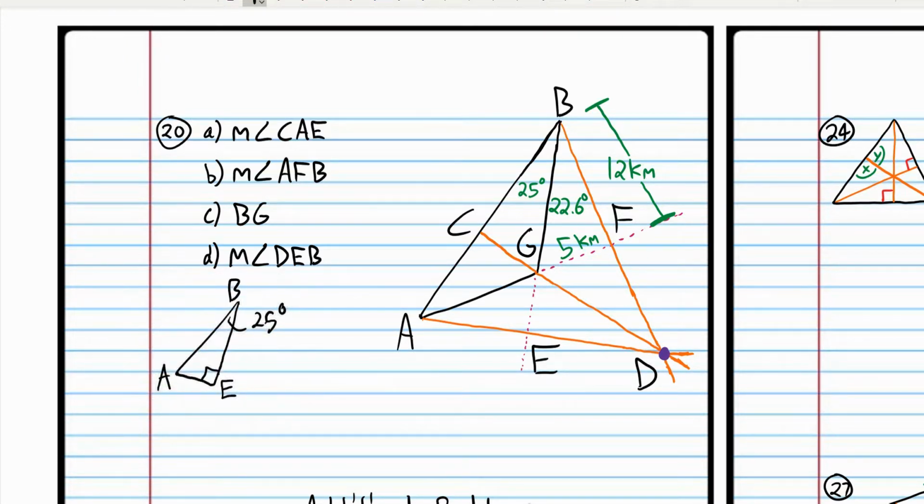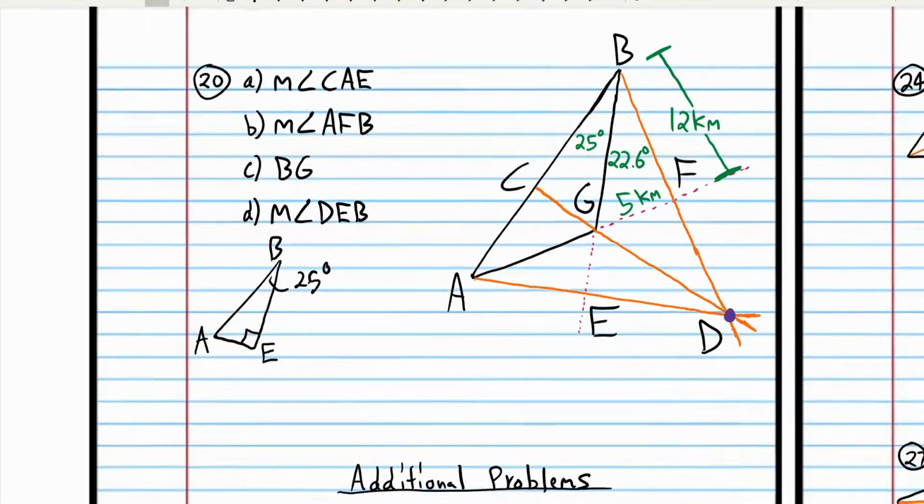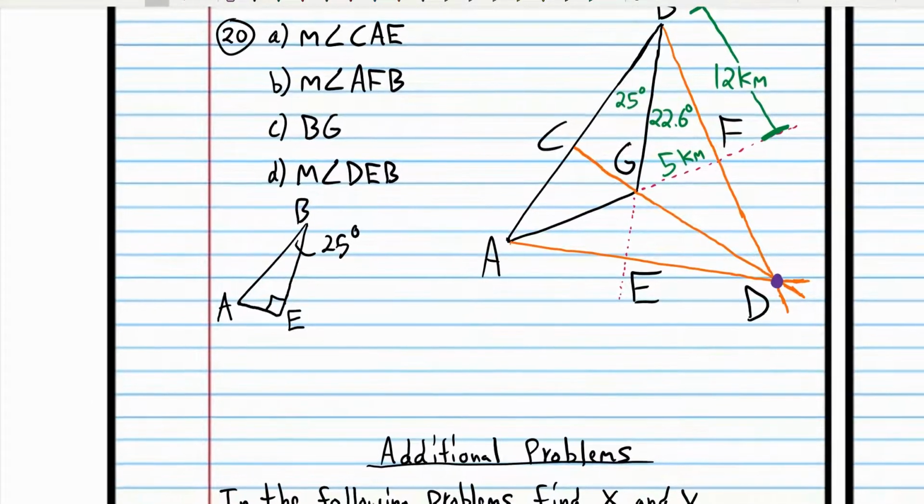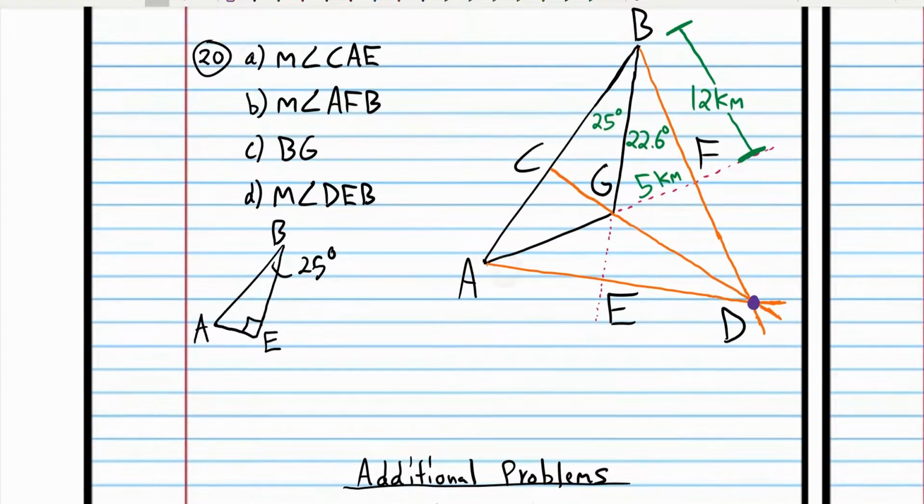That's B. So we can use the angle sum theorem, and we're kind of running out of time here, so I'm not going to write out the angle sum theorem. We just know 25 plus 90 plus the angle we don't know is equal to 180 degrees.